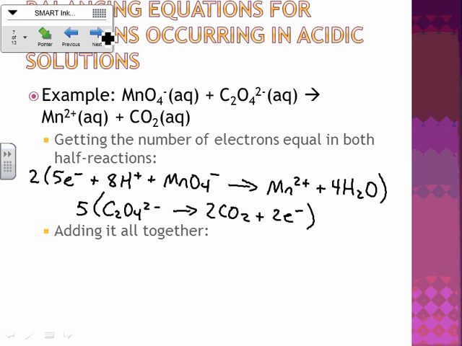So now, if I rewrite this whole thing and add it all together, I put everything that's on the reactant side together on the reactant side, and everything that's on the product side together on the product side. This is going to get a little bulky here, so save yourself a lot of room.